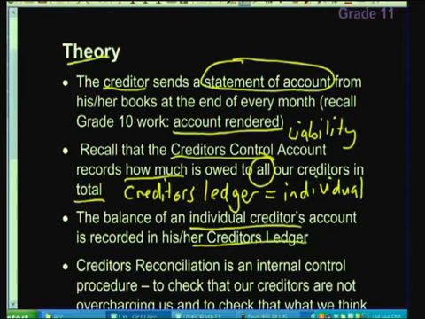What's very, very important to remember, Mindsetters, is that your creditor's control account has to balance with all of your individual creditors. So you add up all your individual creditors at the end of the month and get a total, and that total has to match your creditor's control account in the general ledger. Individual creditors have to add up to the total.